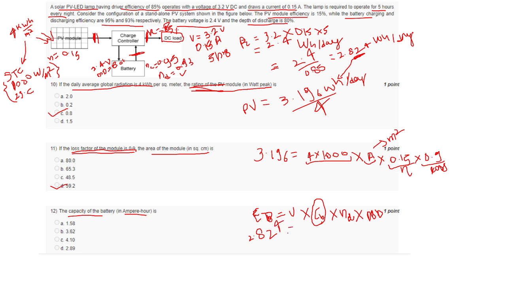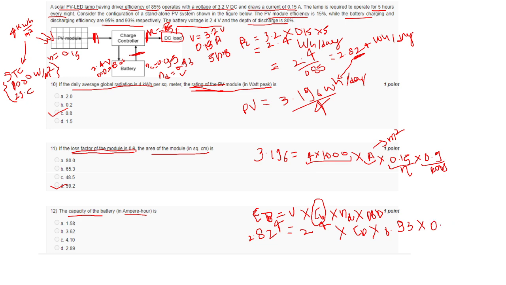The rated voltage of the battery is given as 2.4, so 2.4 into the capacity of the battery, into your discharging efficiency, I think 93%, so it will be into 0.93, and the depth of discharge is 80%, so into 0.8.